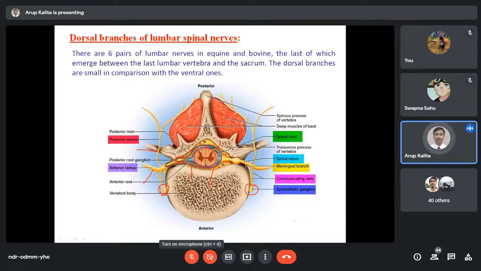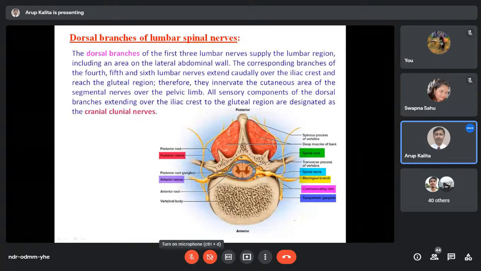This is how the spinal nerve originates. Now, this is the dorsal branch. The dorsal branch will supply the dorsal area of the body, and the ventral branch will supply the ventral part of the abdomen. Along with that, it will supply the limb.